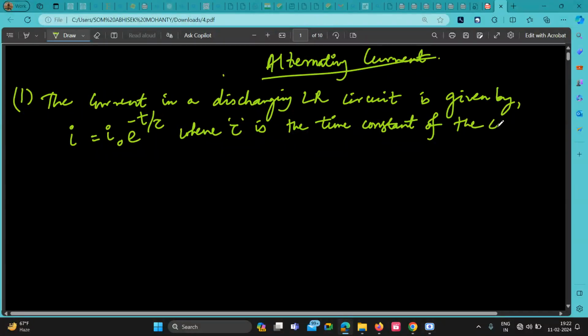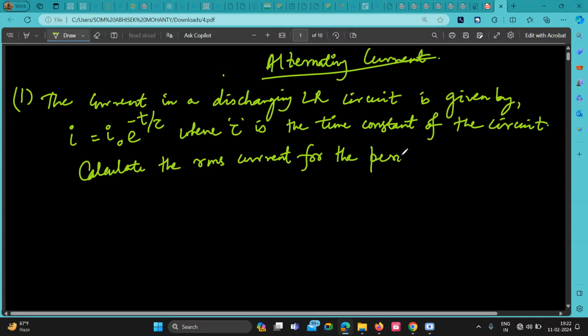Calculate the RMS current for the period t is equal to 0 to t is equal to tau second.